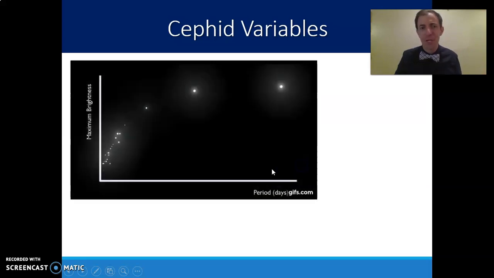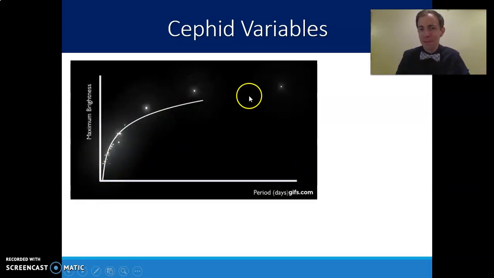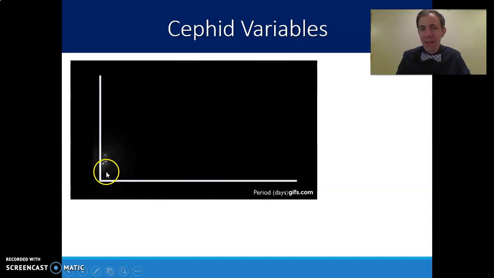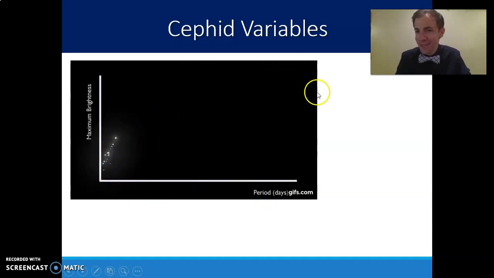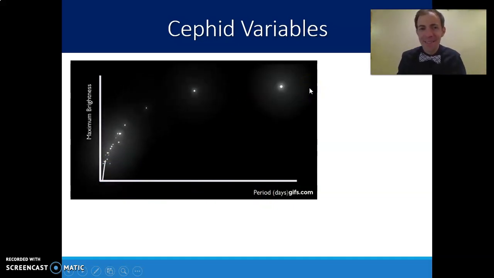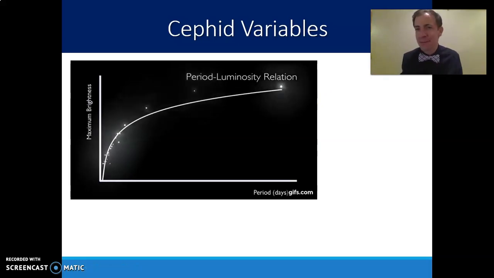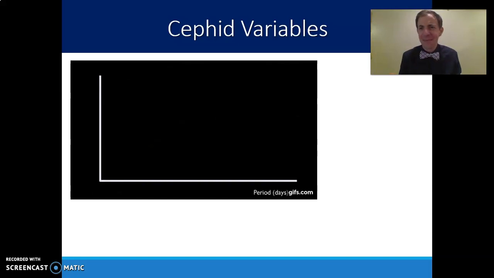Because of that, she was able to build a relationship showing that the longer the period in days, the more luminous that star would be. As a whole, it sounds like a cool observation, maybe an interesting pattern to find, but it doesn't seem all that useful yet.